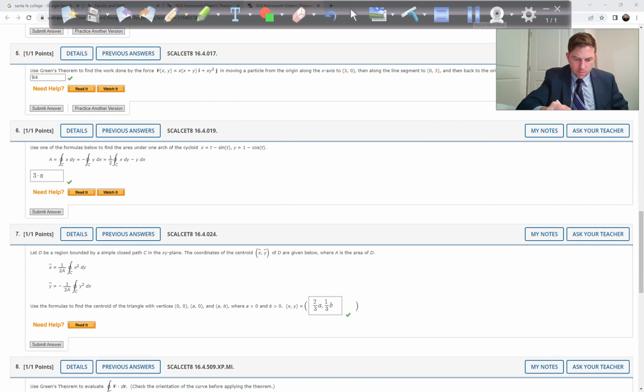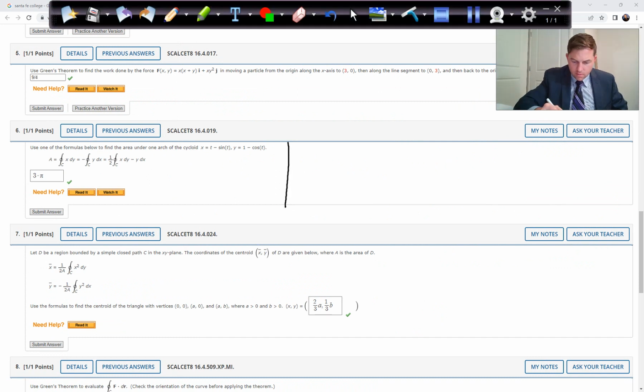Okay, for problem 7, we have a rectangle that has the coordinates A, B, and the origin. So it starts at 0, 0.